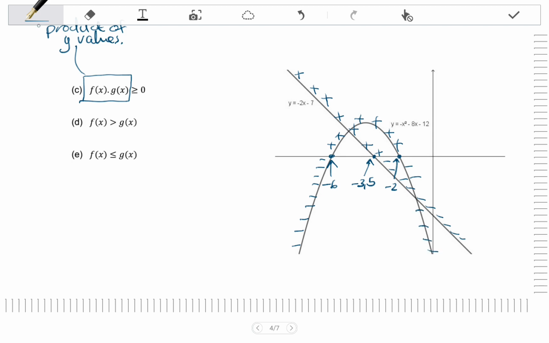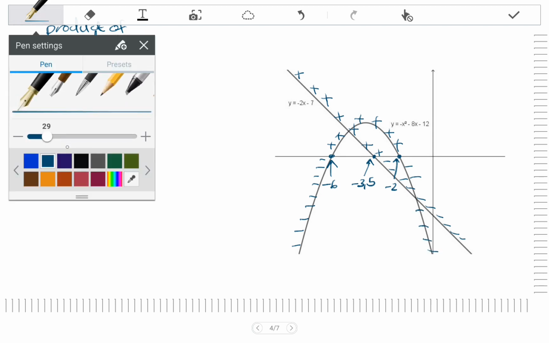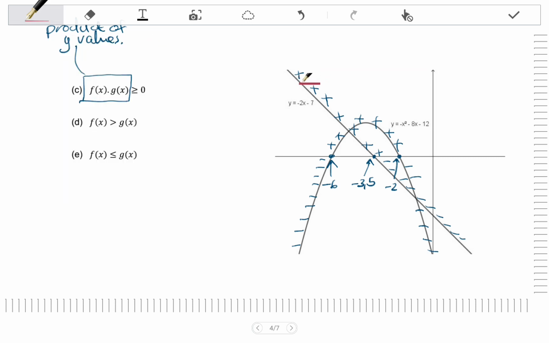Okay, so moving from left to right, at this point here, the product is a positive times a negative, which gives me a negative product. So still positive times a negative, negative. Where does that change?